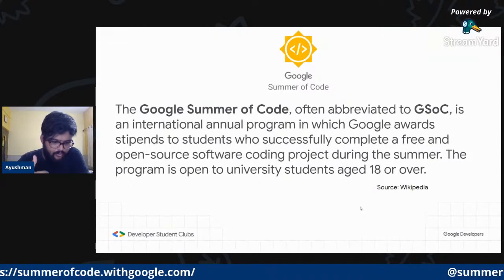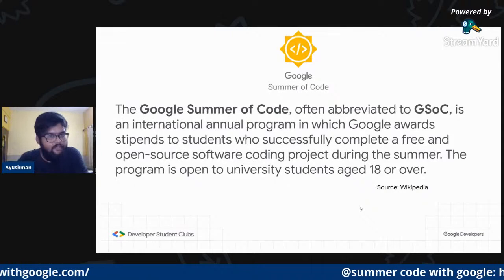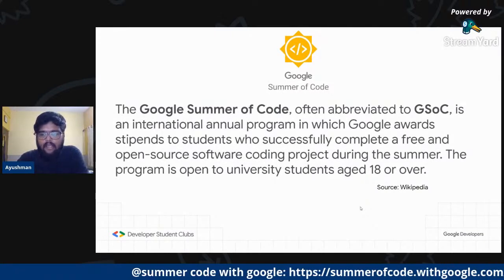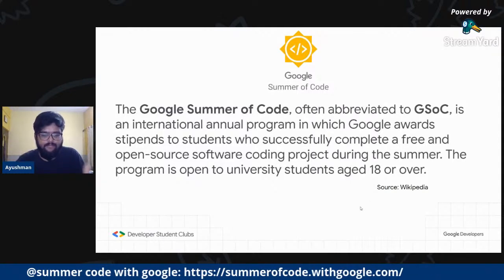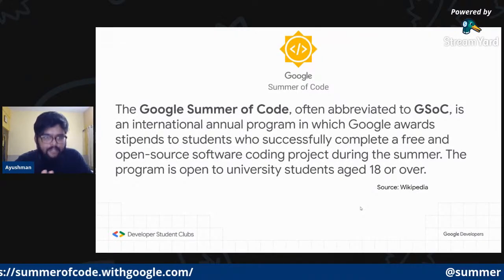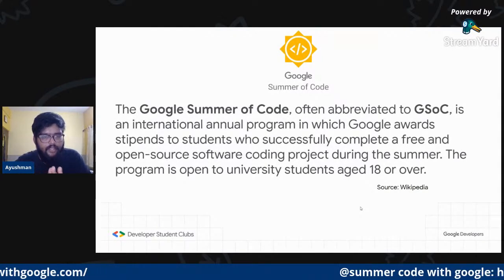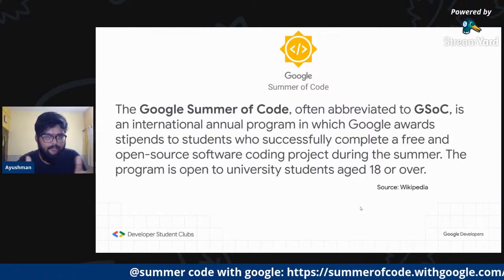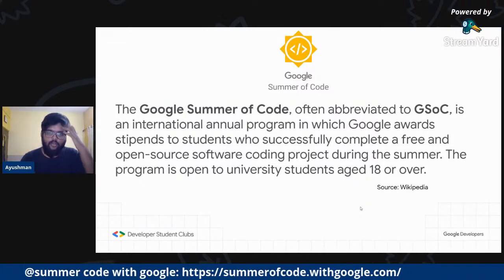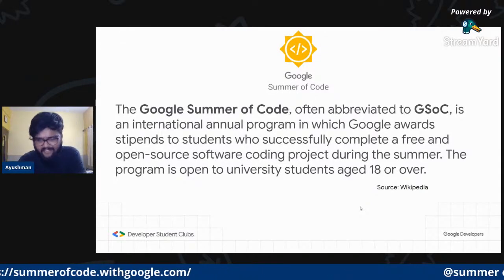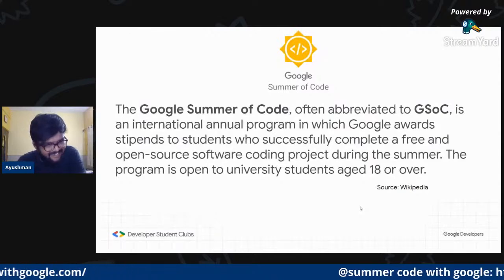You can collaborate with them on their projects, and if you successfully collaborate with them for the time span of 3 months, then you will be given a stipend by Google. It is somewhere around a $3,000 stipend which you get after completing the whole Google Summer of Code phase. And yes, it's really tough to be selected there.